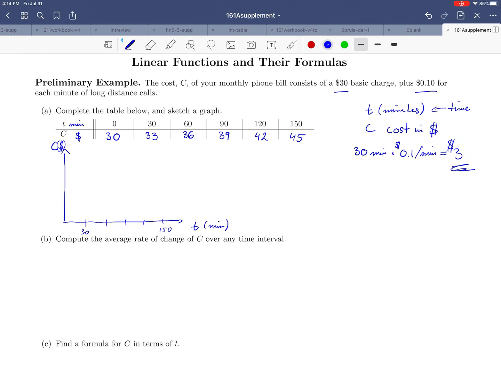So I can label my horizontal axis. For the output values, the highest one is 45, so I'm going to put increments of 15. So this is 15, this is 30, this is 45.